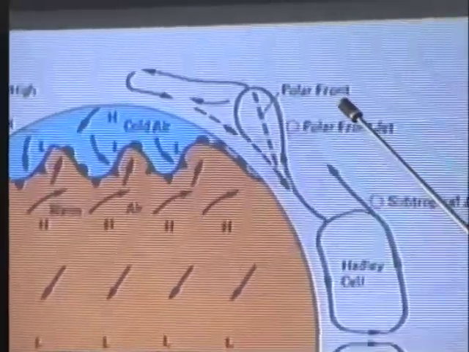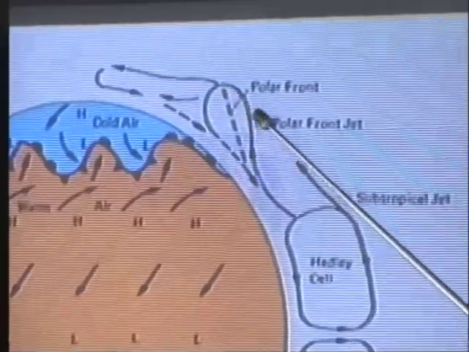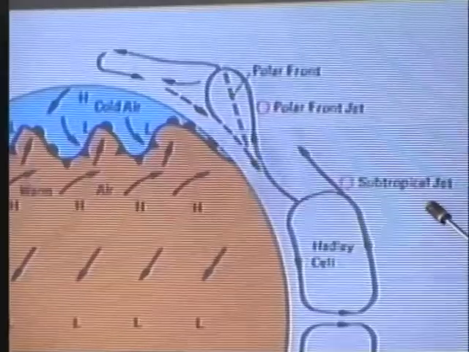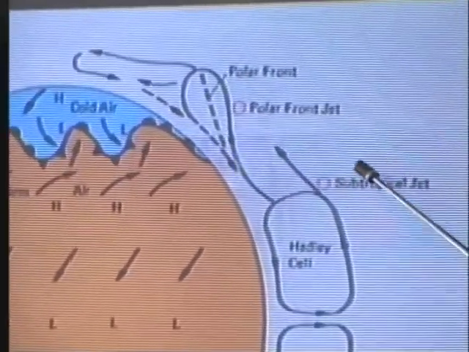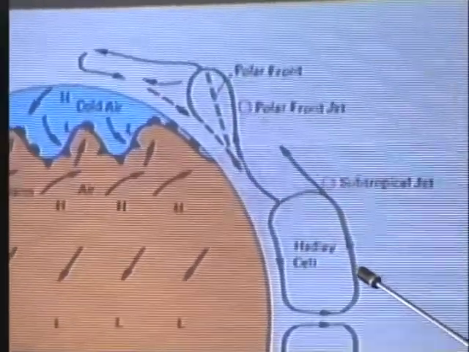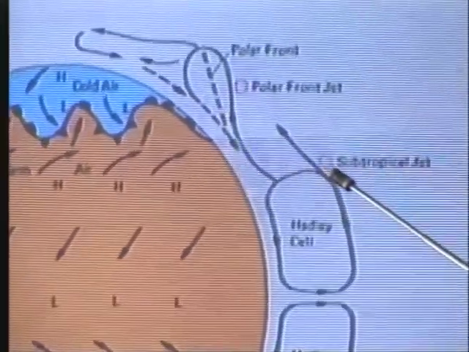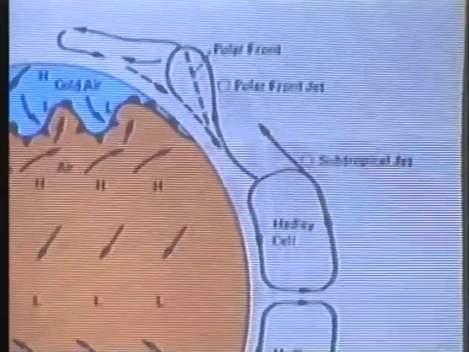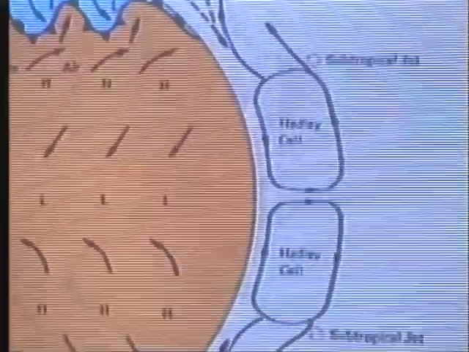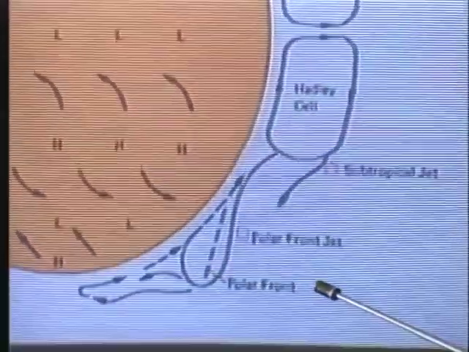the polar front jet, found within the polar regions where the polar easterlies are located. Then we have the subtropical jet, which makes up the Hadley cell, found between the equator and 30 degrees north and south, but at higher altitude. In the southern hemisphere we also have the Hadley cells, the subtropical jet, the polar front jet, and the polar front cells.